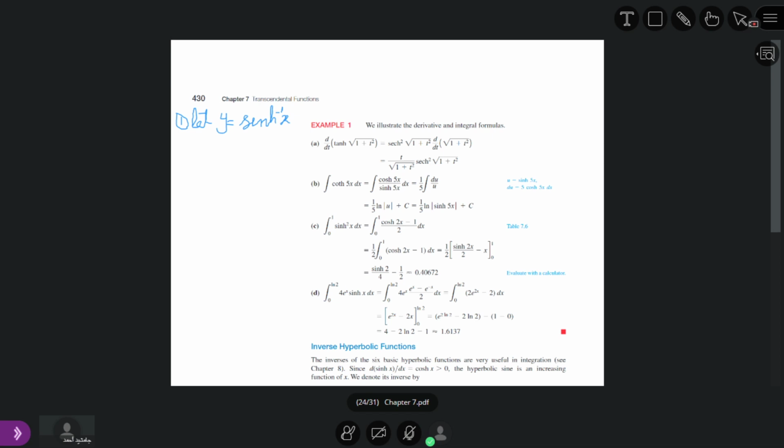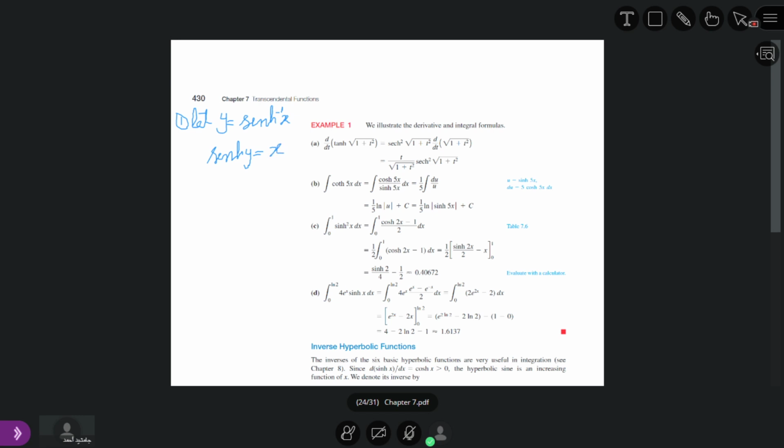Now it is inverse, so whenever we shift it to the other side, it will become sine hyperbolic y is equal to x.